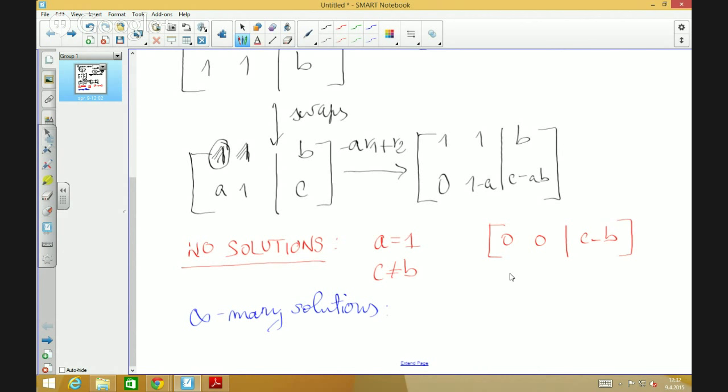Because if the last row is all zeros, then really all I have is just one equation in two variables. The rank of the matrix is 1. This means that there is a free variable. When you have a free variable, you can instantiate it as you like, and then the value of the other variable will vary depending on the value of the free variable. So in this case, I want A equals 1 and C equals B.